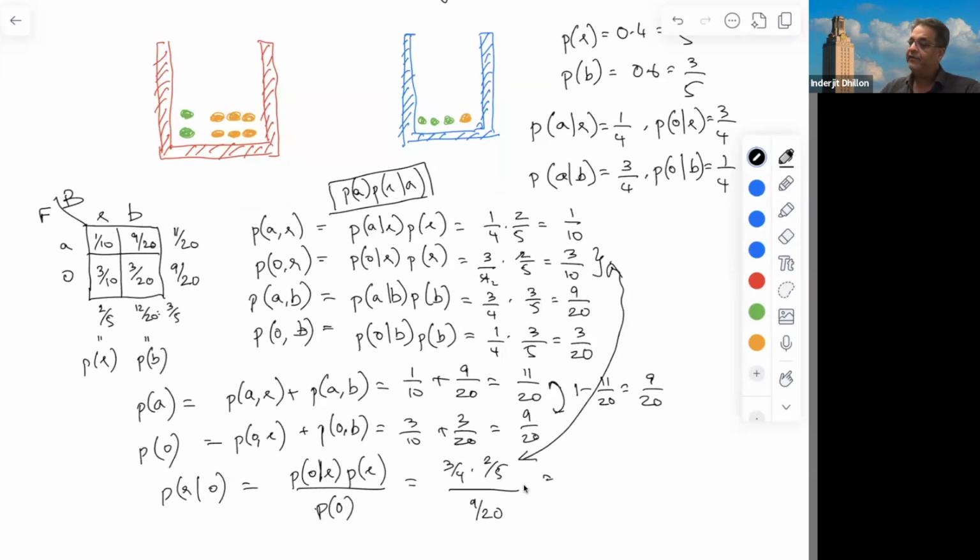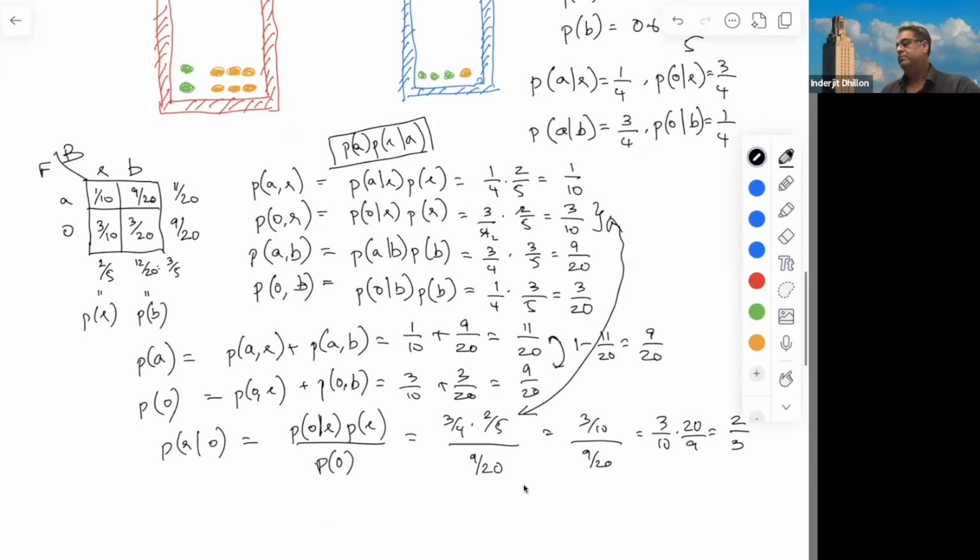So that is equal to 3/10 over 9/20, which is 3/10 times 20 by 9, and that is equal to 2/3. So you've seen that it's all very consistent now. If you have the sum rule and the product rule, they give us the very important Bayes rule.